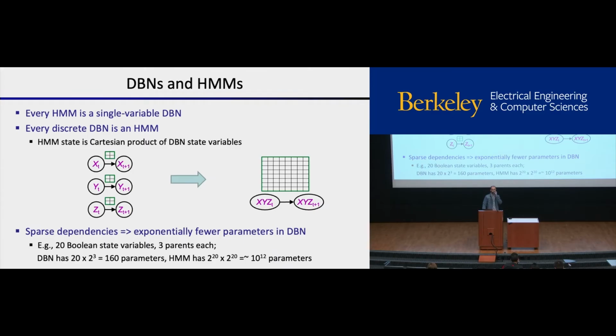So if you have sparse dependencies, you can get exponentially fewer parameters in the dynamic Bayes-net version compared to the hidden Markov model version.